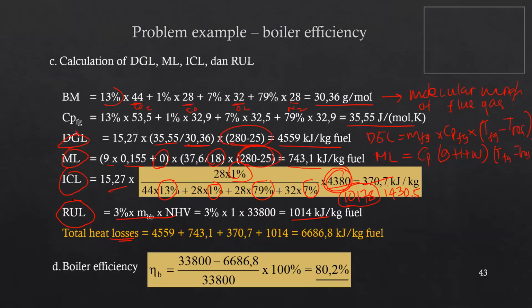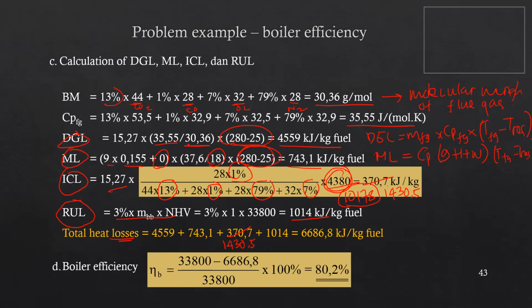Okay, so we need to revise it, because the ICL is significantly different, around 4 times, I guess. It is 1,430.5. So you can calculate it, and I'll try to calculate it as well.